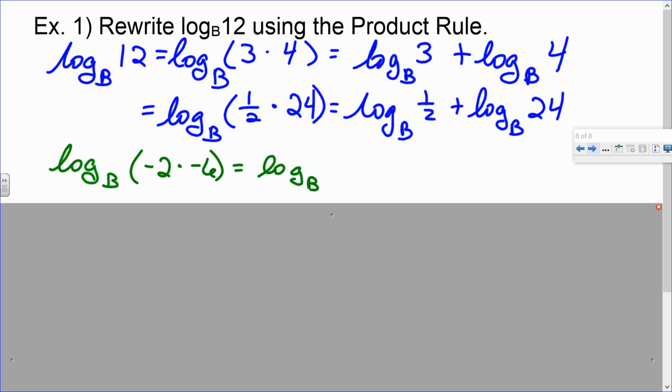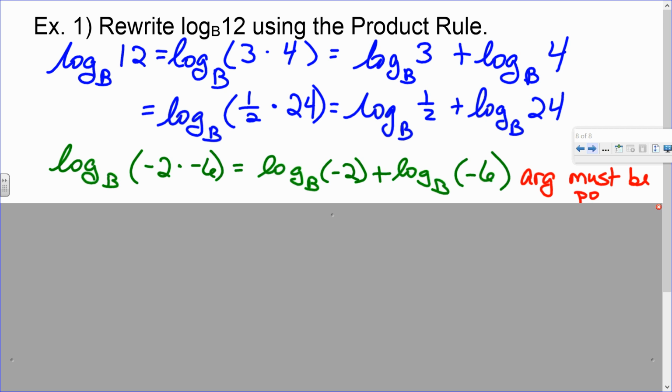Can I say log base b of -2 plus log base b of -6? No? Why not? Why don't you like that, Casey? Perfect. The argument has to be positive. So we can't do that.